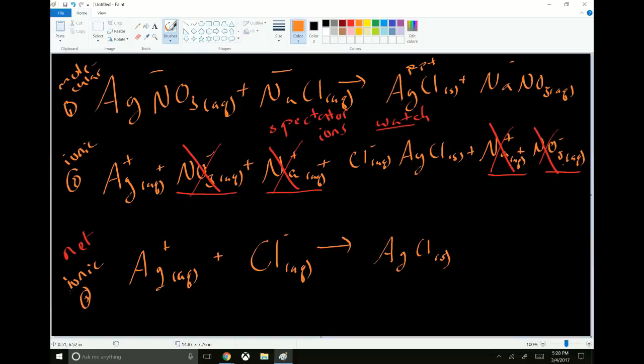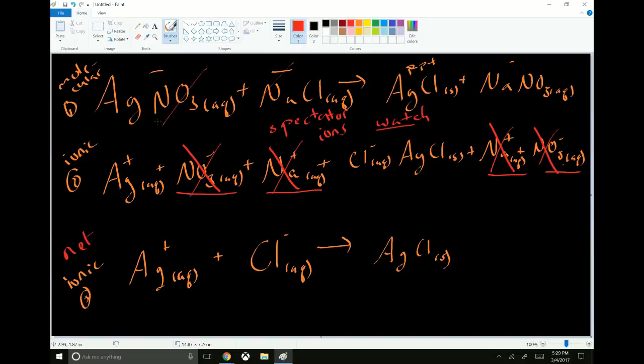The second equation lets you identify your spectator ions so that you can remove them and come up with the net ionic equation, which is a lot simpler to write out and doesn't leave you scrambling to take into account things that just don't matter.